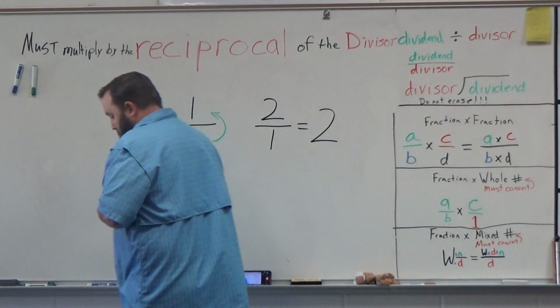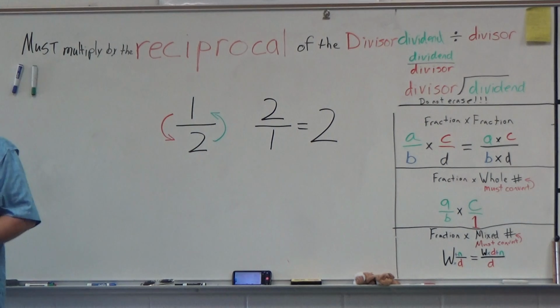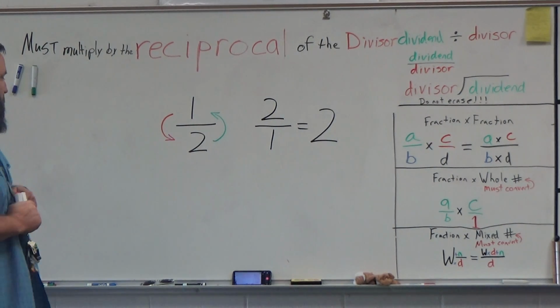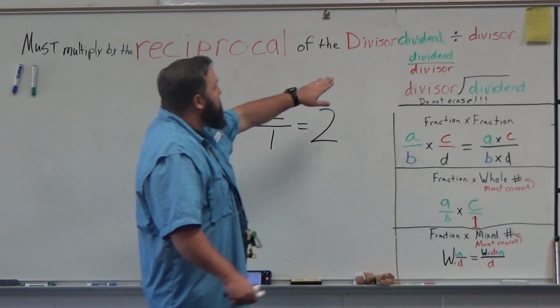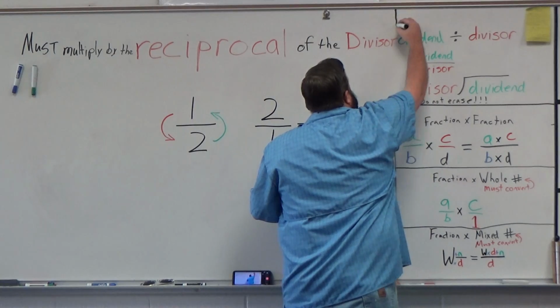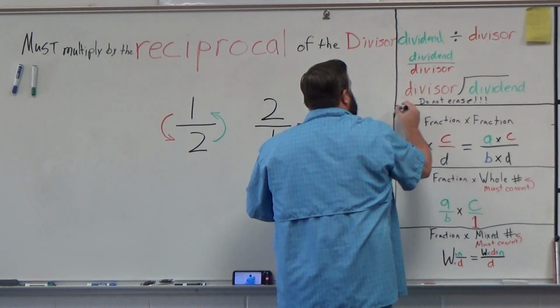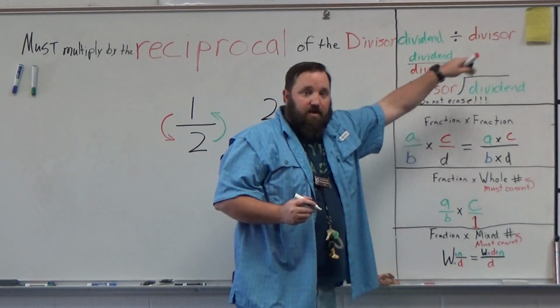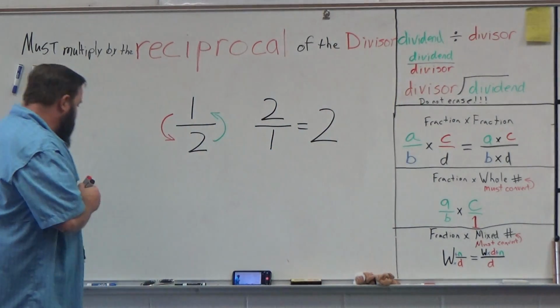Now, one of the first things that we went over in this class was how to read a mathematical sentence. And I still have it on the board to this day. Right? I know they're kind of getting close to each other. Let's bring this down. Dividend divided by divisor. Everybody remembers that, right? It's one of the first things we learned in here.